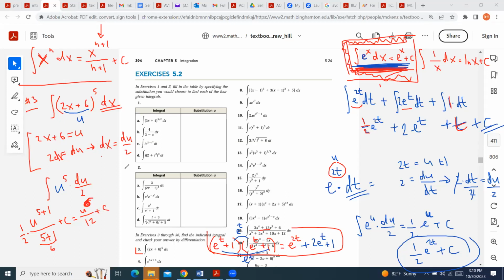I have to always return back to my original variable, which was x here. So I have to put this, whatever, in the parentheses, 2x plus 6, just formally to write down the correct variable, because u we utilize to help us with that antiderivative. So here's my little answer.